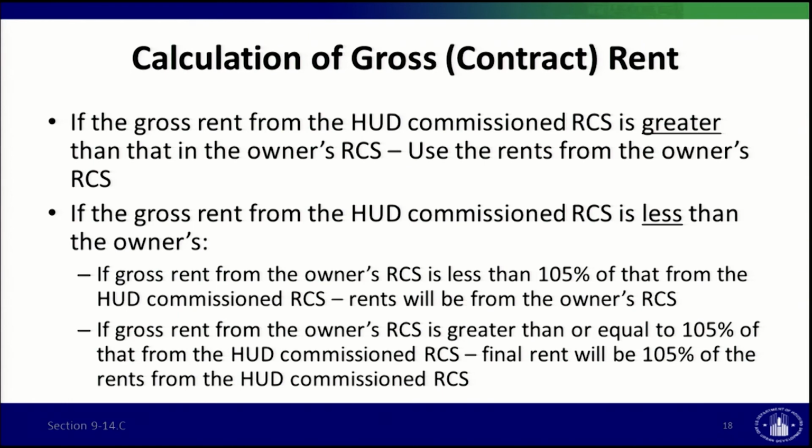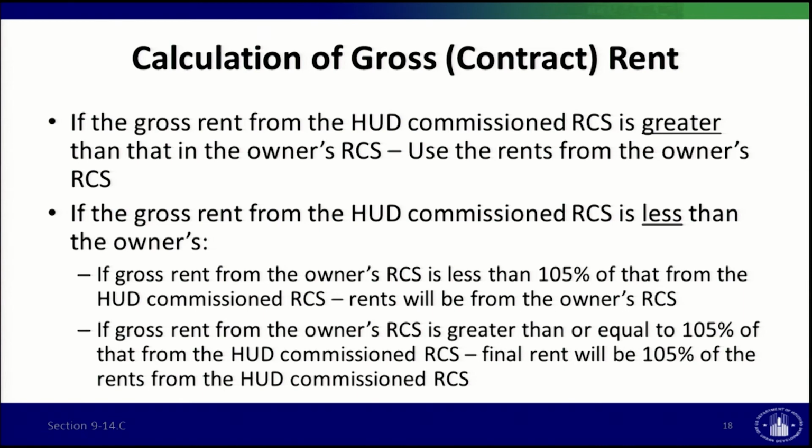For your information, HUD or the contract administrator will determine the market rent based on the following calculations. These were formerly used only in mark-up-to-market. If the HUD comparable gross rent in its study is greater than the rent in the owner's study, then the final comparable market rents are set at the owner's comparable market rents.